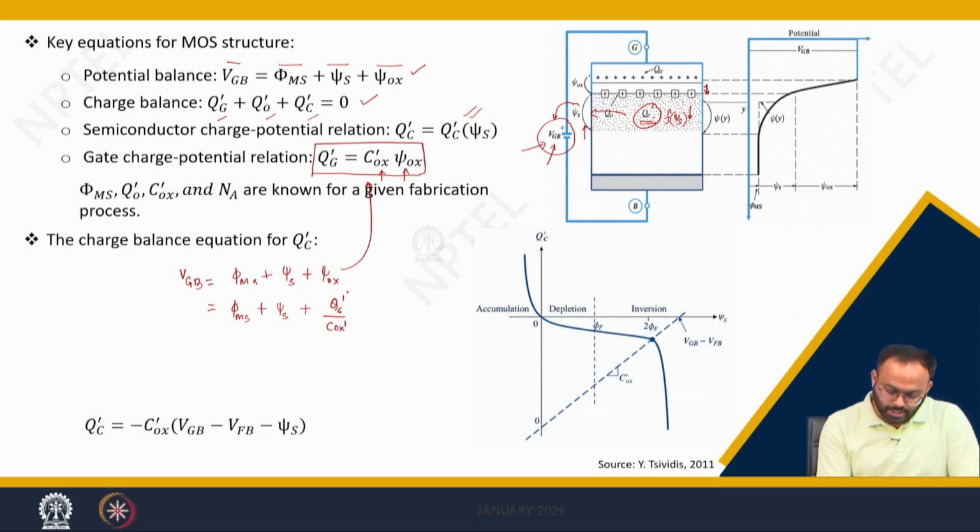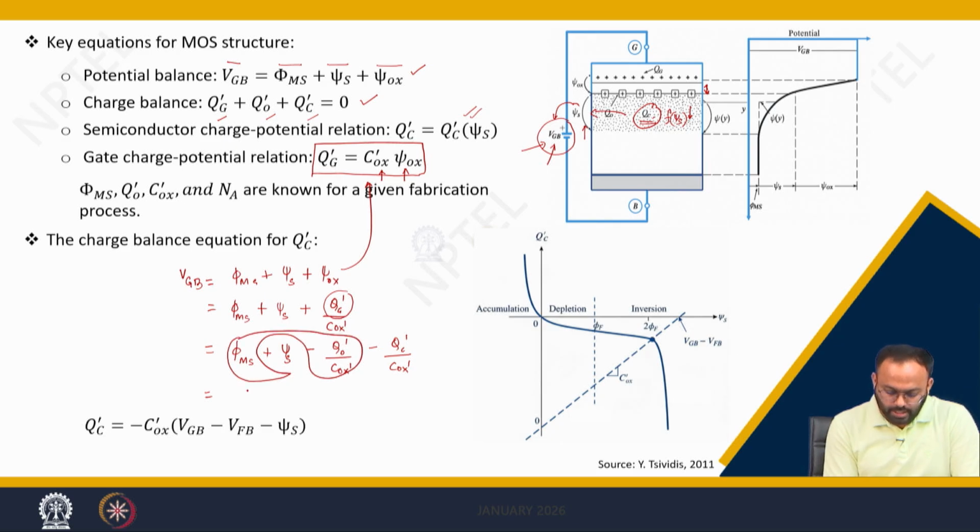Again, this Qg dash, the total charge present at the gate, can be replaced using the charge balance equation, so it can be rewritten as phi ms plus psi s minus Q naught dash by C ox dash minus Qc dash by C ox dash. If you remember from our previous lectures, phi ms minus Q naught by C ox, this is nothing but what?